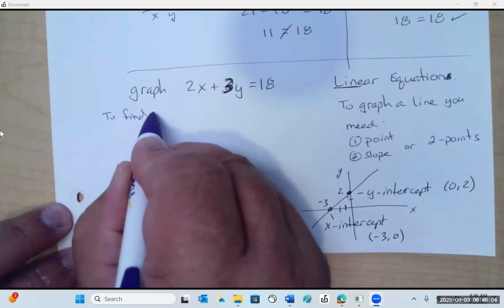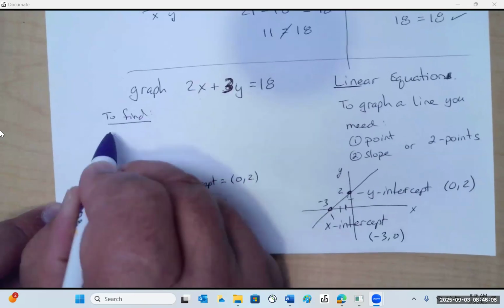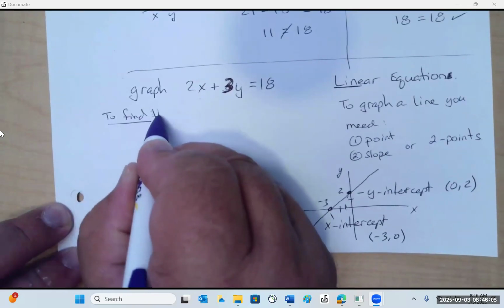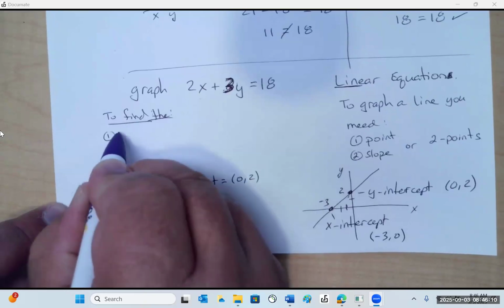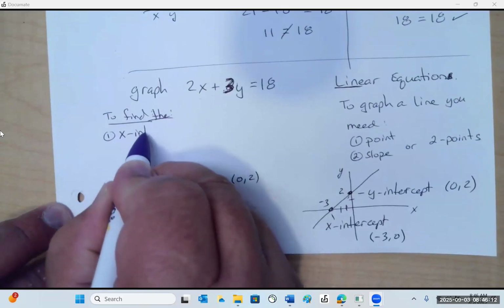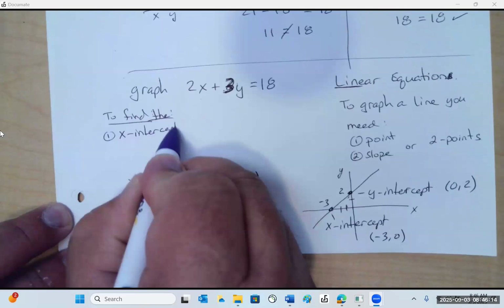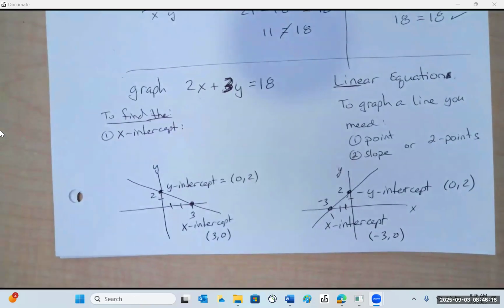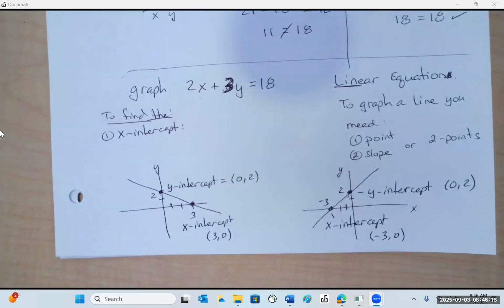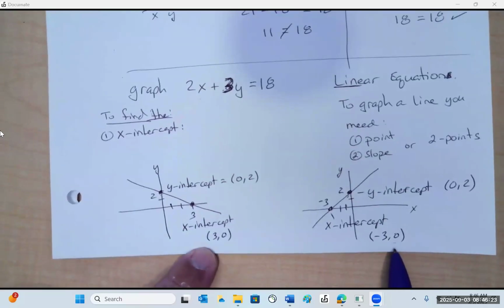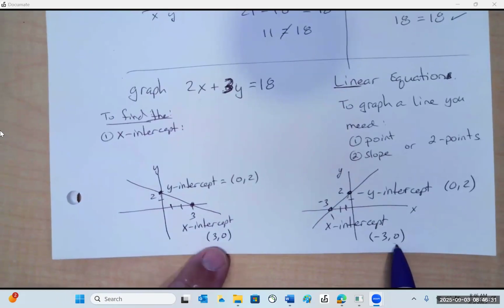To find the x-intercept, what do we notice about the x-intercepts? Okay, but what's the other number? 0.